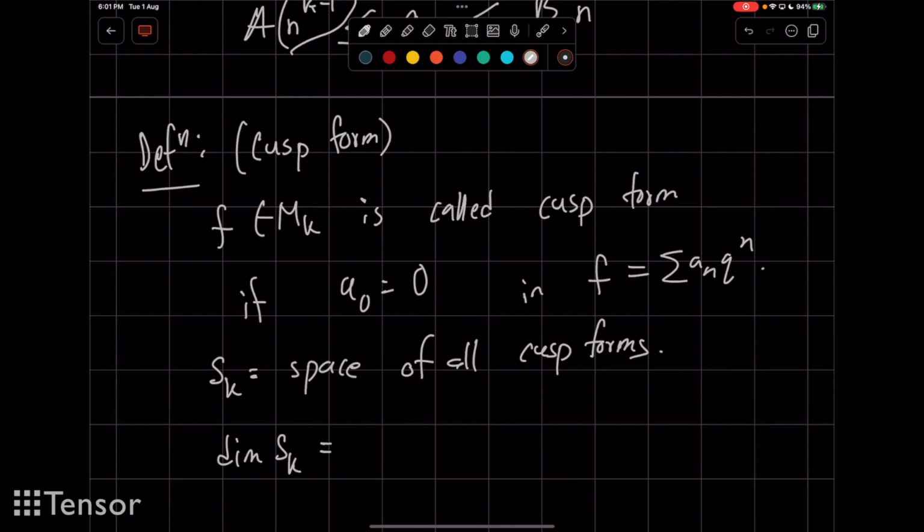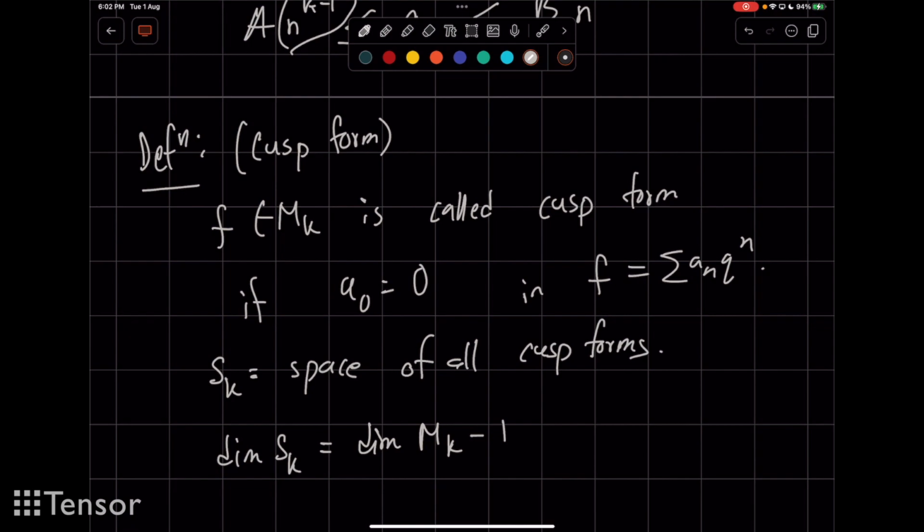So previously we have seen that, let's say the dimension of M sub k is D, the first D terms in the q expansion are independent. So in S sub k, we are fixing the first coefficient. Among the D independent terms, we are fixing one of them. Exactly. The dimension of M sub k minus 1.